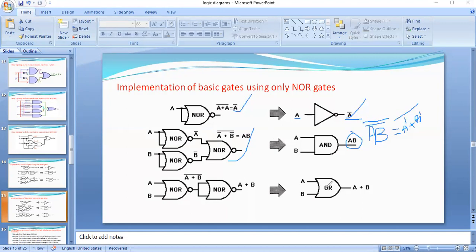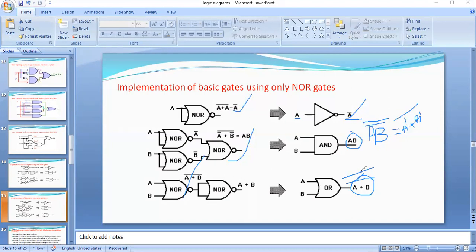See here, if you want to implement this OR function using NOR gates, what is the OR gate function? The output is A plus B. So here I am applying a double whole bar. So (A plus B) whole bar, instead of that we can draw a NOR gate.